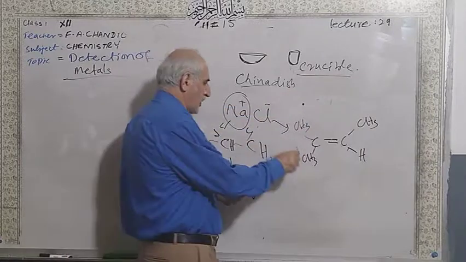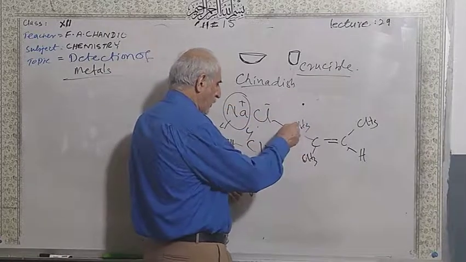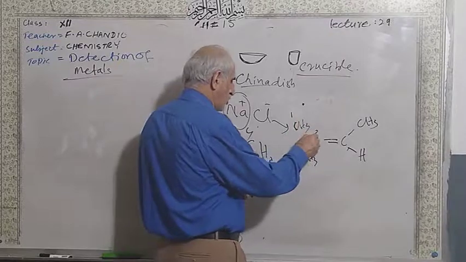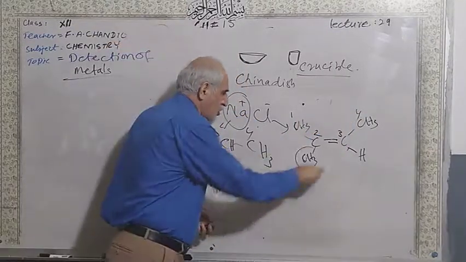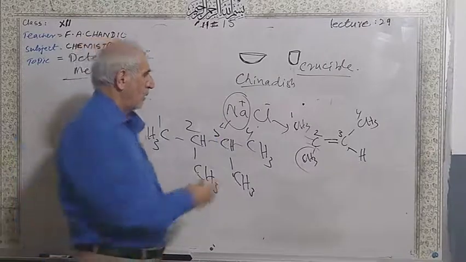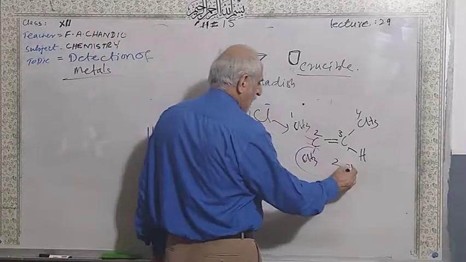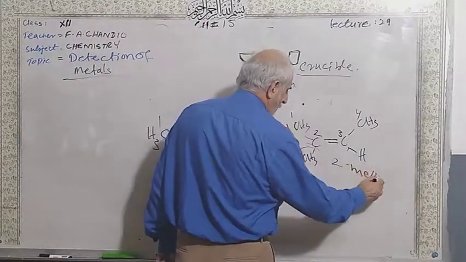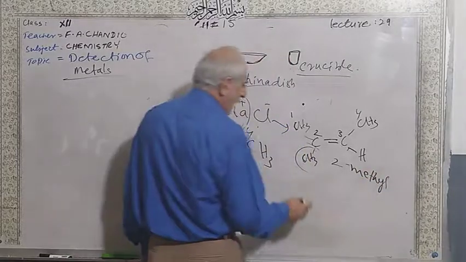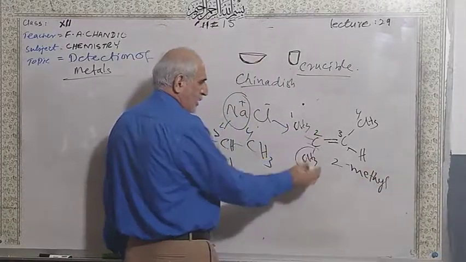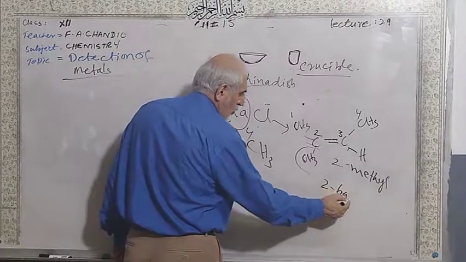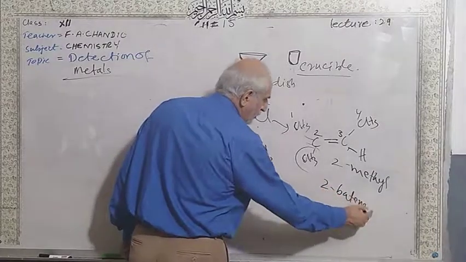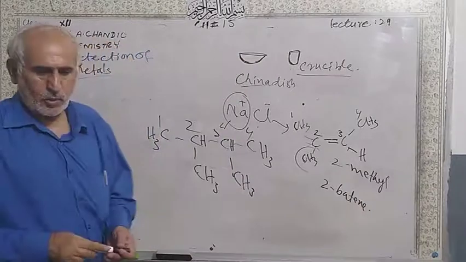So you must start from downward or upward, it is your choice. 1, 2, 3, 4. This is a branch. 1, 2, 2-methyl, and the double bond is at the second. So 2-methyl-2-butene.